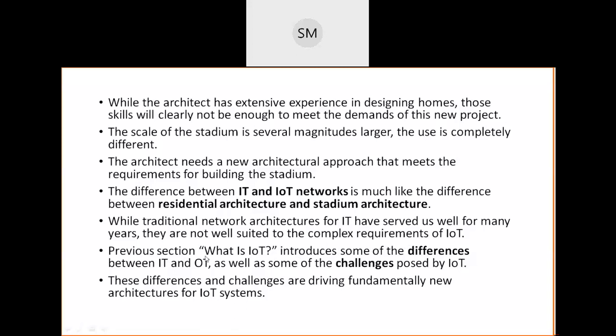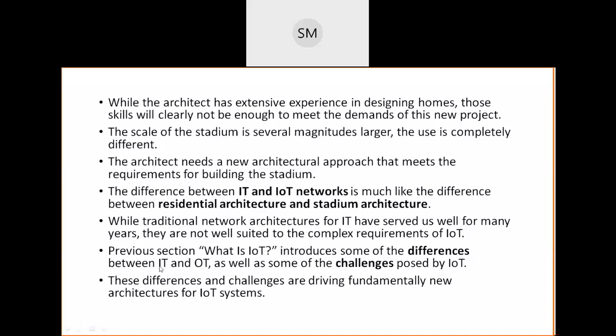In the previous section, in the What is IoT topic, I discussed some of the differences between IT and OT. If you don't remember, here is a brief summary, don't worry. The main difference between IT and OT is data.